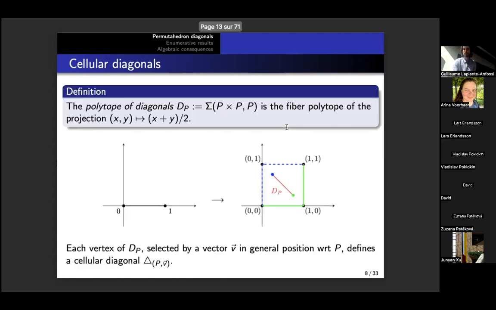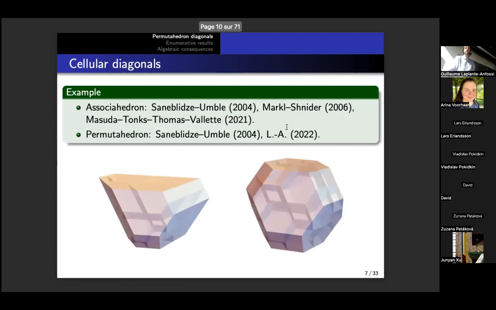So maybe I should just go back to this image. Here, you look at the three-dimensional polytope, you send it into the product of itself with itself, so this is a six-dimensional thing, and then you deform the diagonal into something cellular, and then you project it back, and what you get is this subdivision.